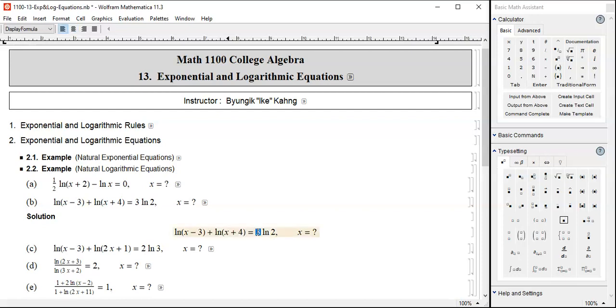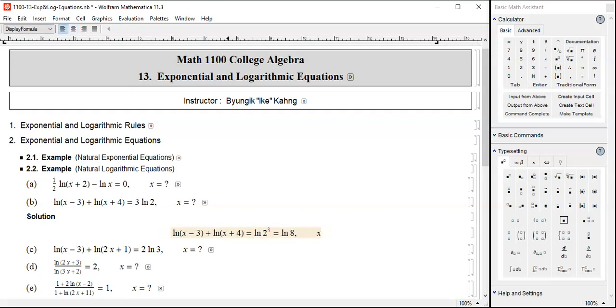Okay, let's move this 3 up here, like this. And that is equal to log of 8, isn't it? Does it make sense? 2 to the third power is 8; 2 times 2 times 2 is 8.